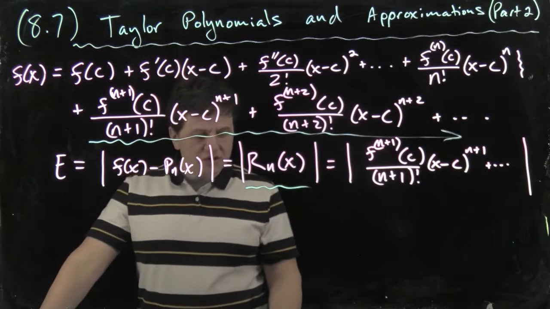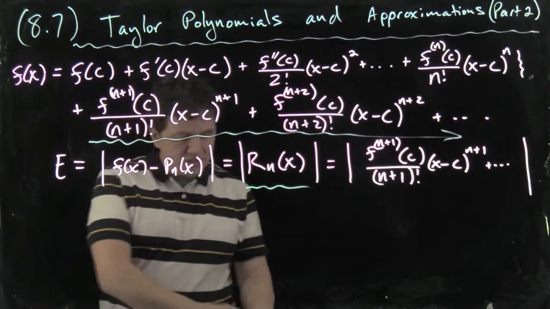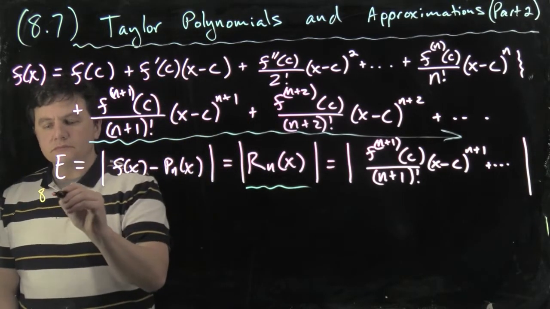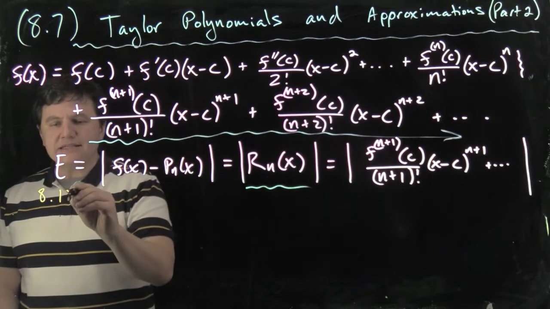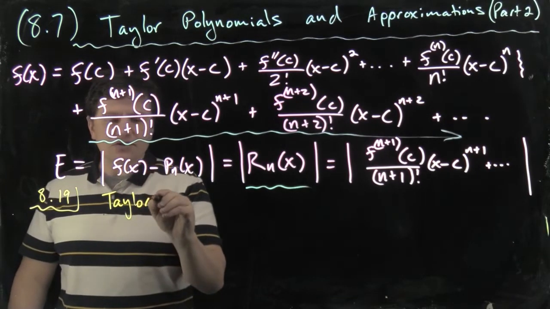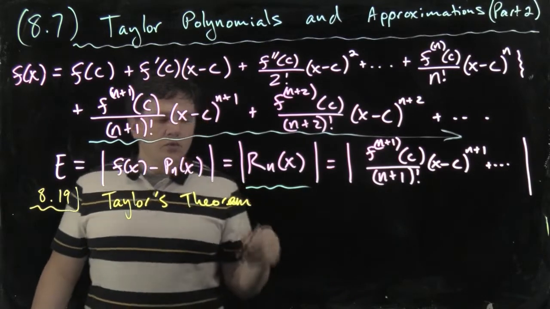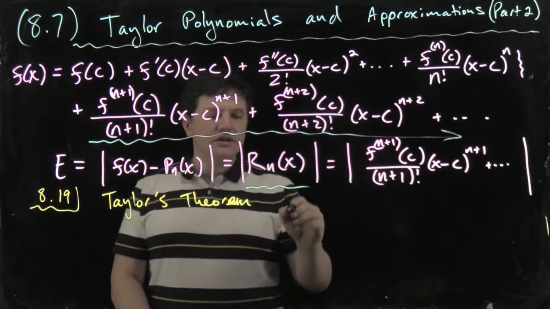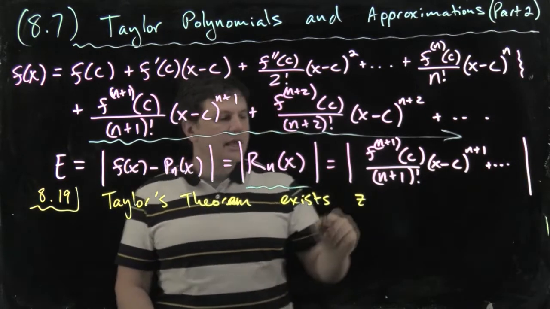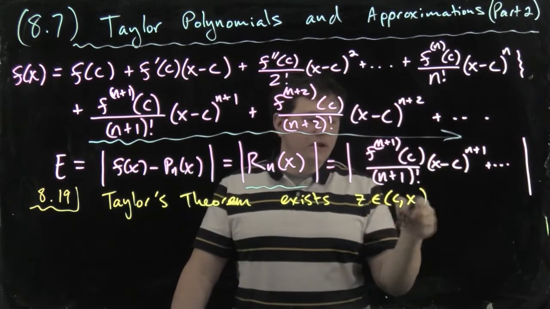Well, what we have is what is called Taylor's theorem. This is theorem 8.19 in your book. What Taylor's theorem says is there exists a z, somewhere between our center and x, x being where we approximate.